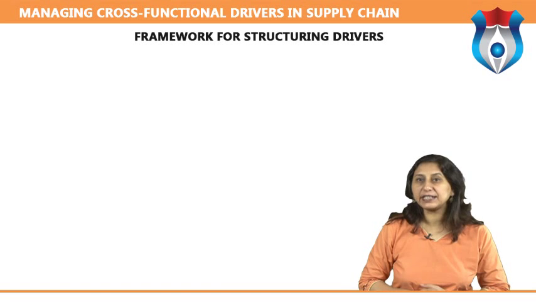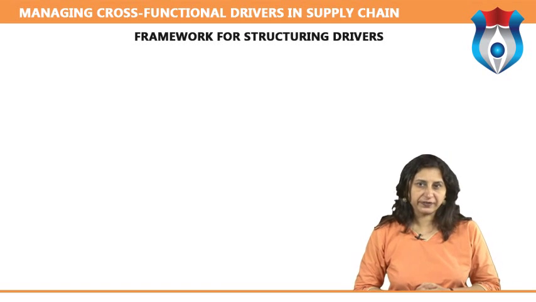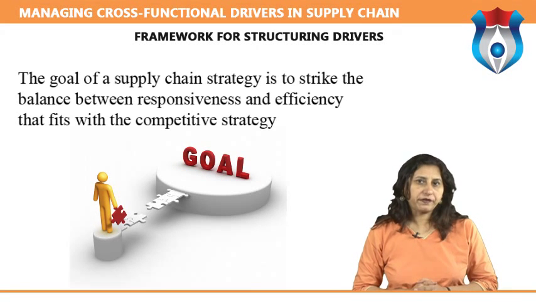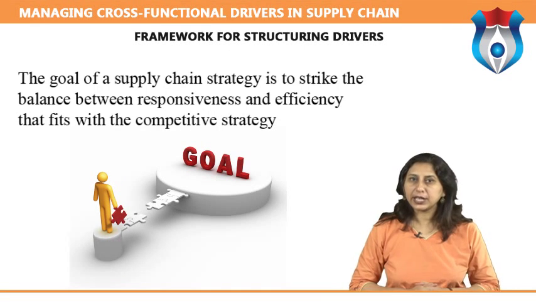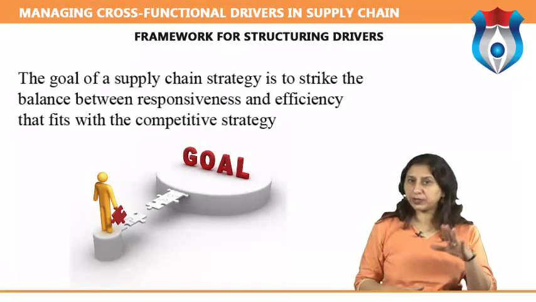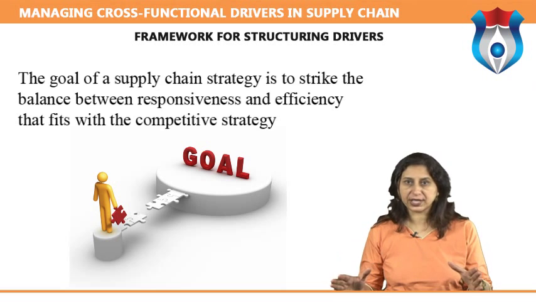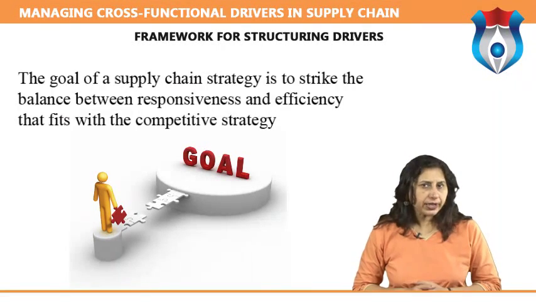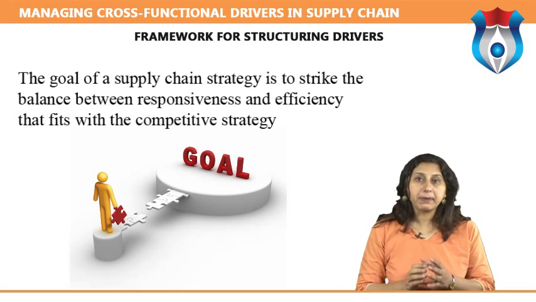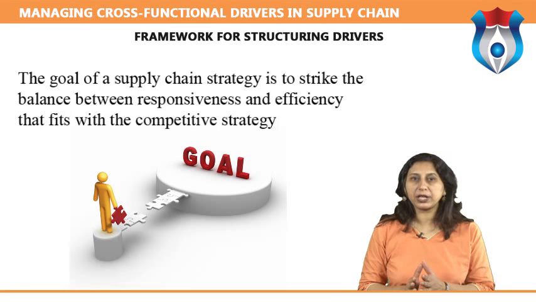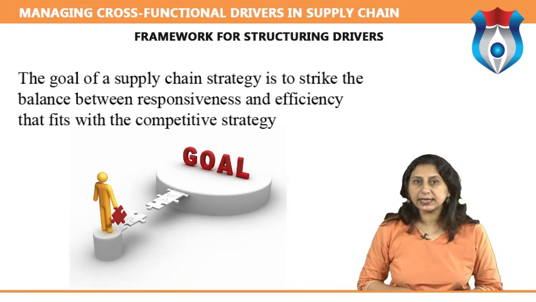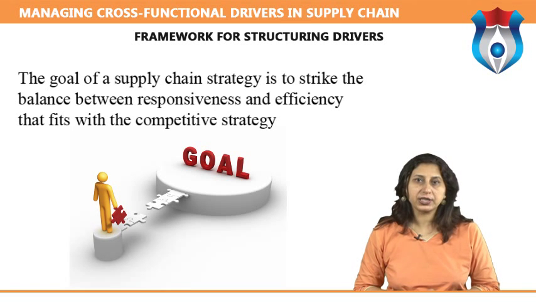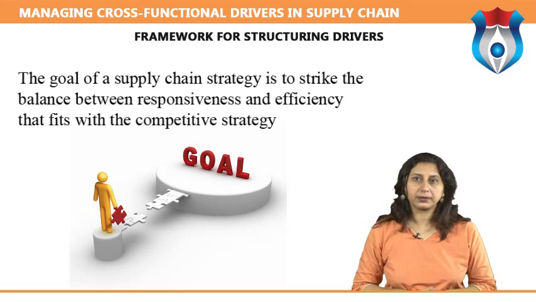Now we will study the framework for structuring drivers. The goal of a supply chain strategy is to strike the balance between responsiveness and efficiency that fits with the competitive strategy. To reach this goal, a company must structure the right combination of the 3 logistical and 3 cross-functional drivers discussed earlier.